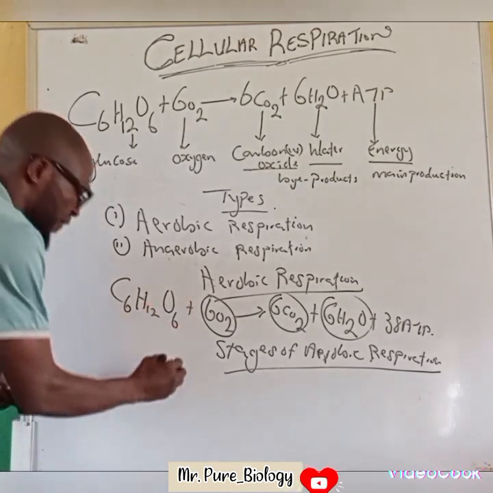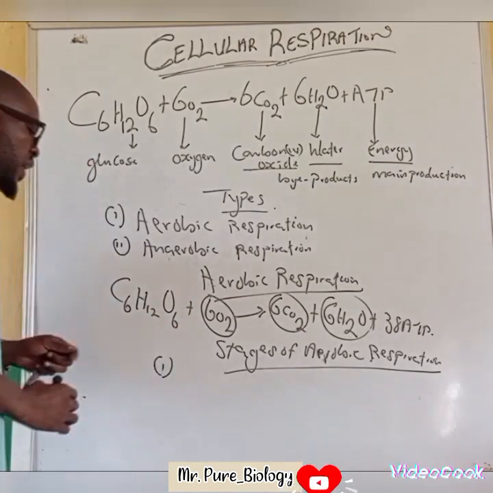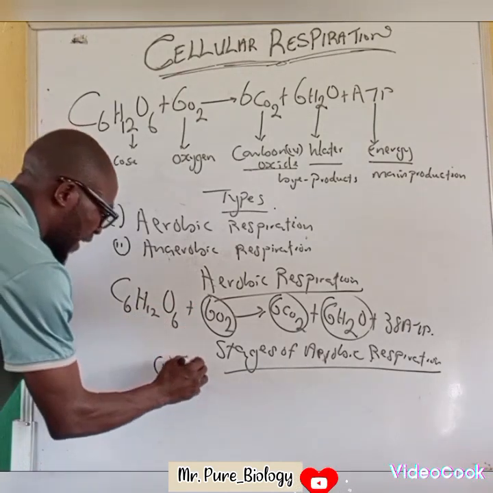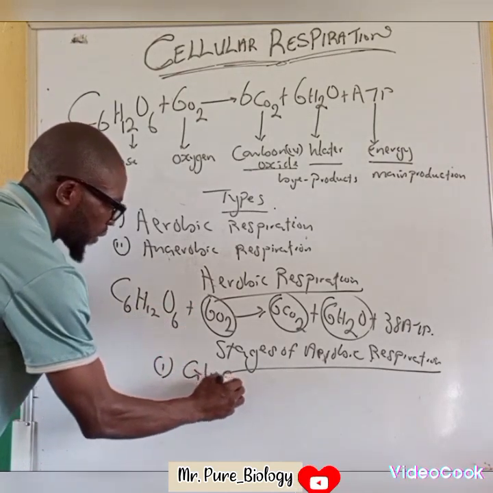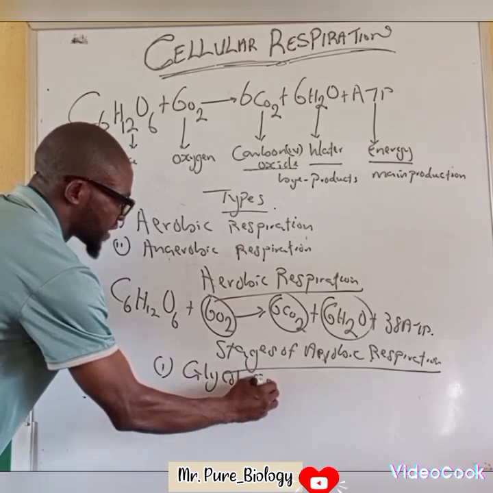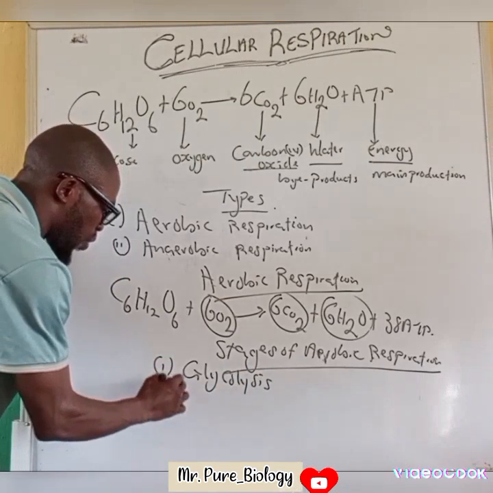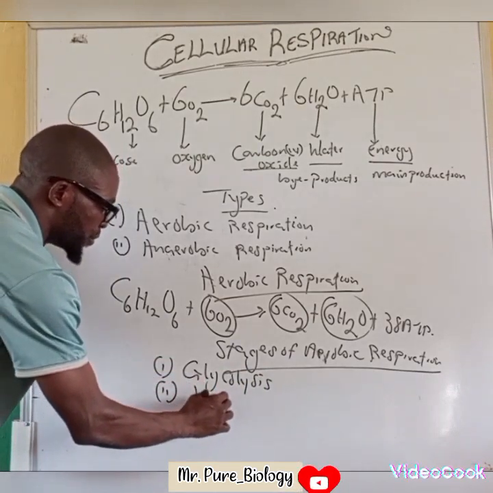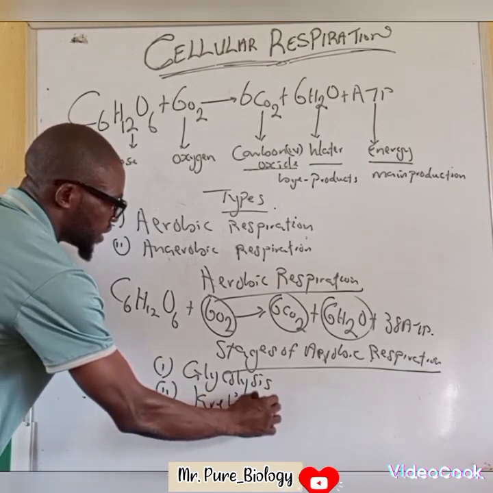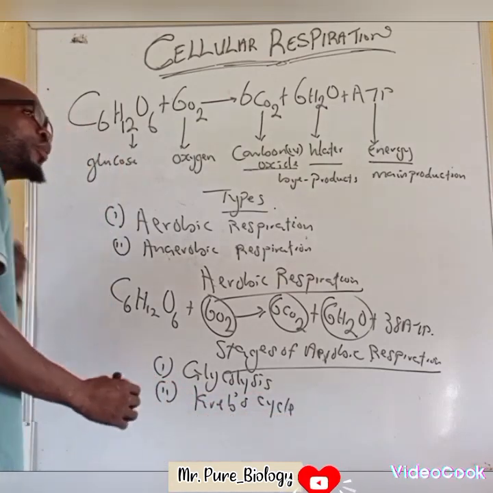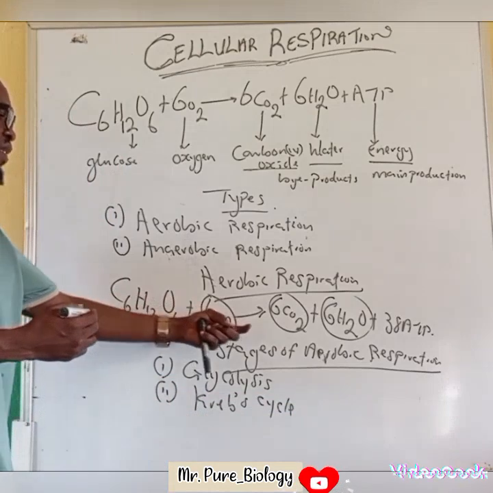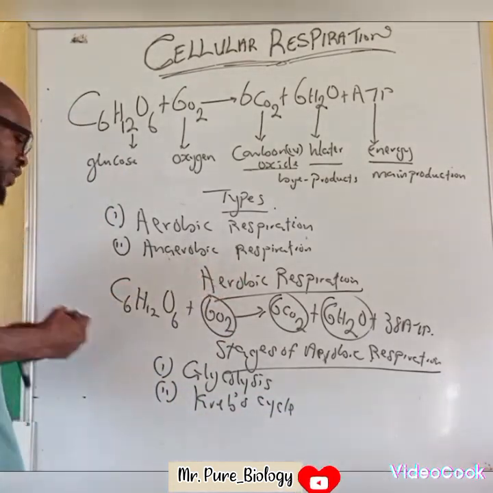Number one is glycolysis as the first stage. Number two is what we call the Krebs cycle, the second stage of aerobic respiration.